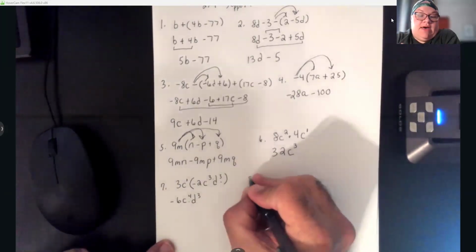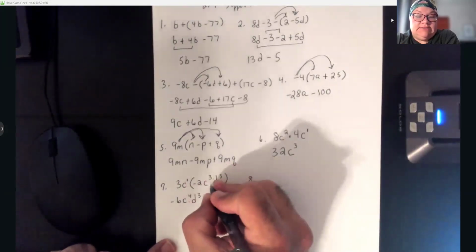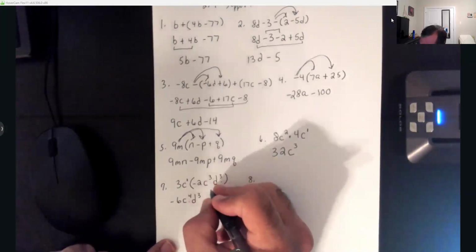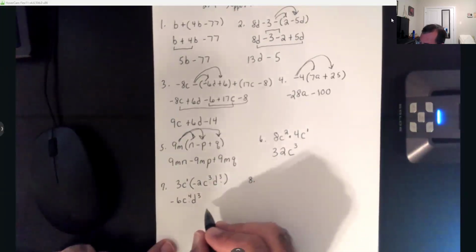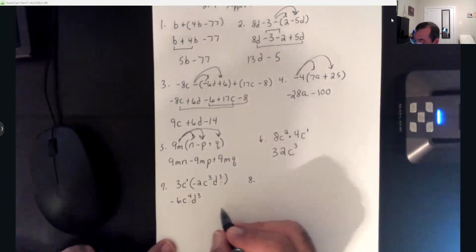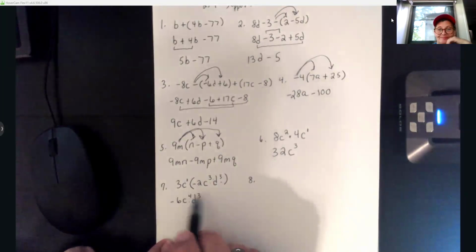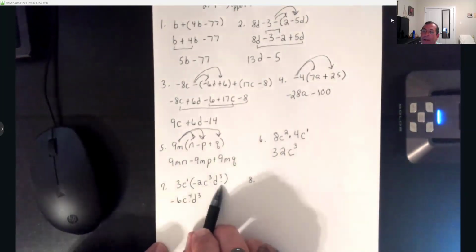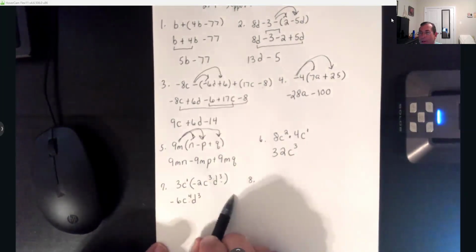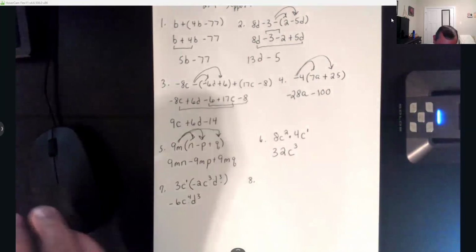If you would have had negative 2c to the third plus d to the third, I would have the negative 6c to the fourth plus 3cd cubed. If there's a plus here, I'd have distributed that 3c to that d cubed and got a 3cd cubed. Woo, keeping up with that alphabet there, huh?